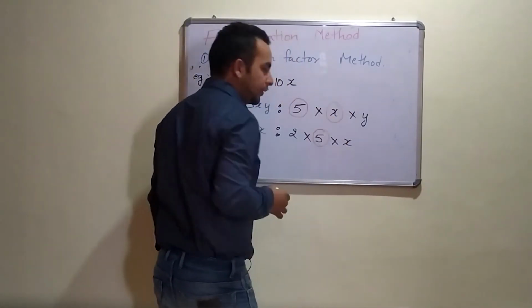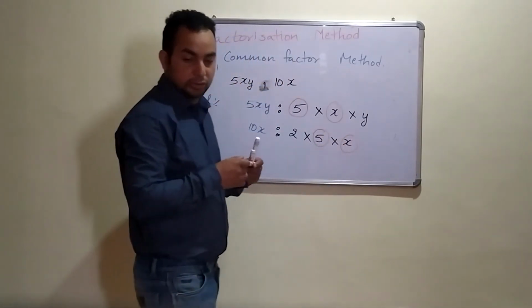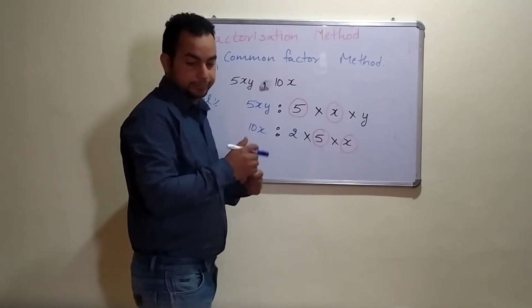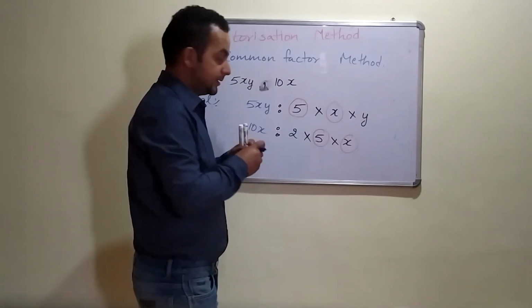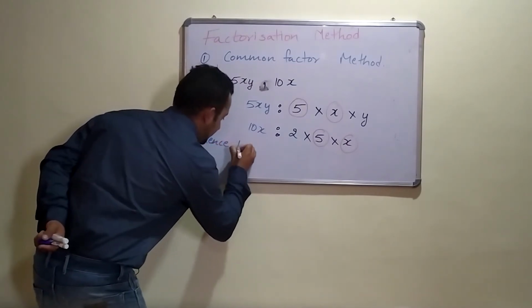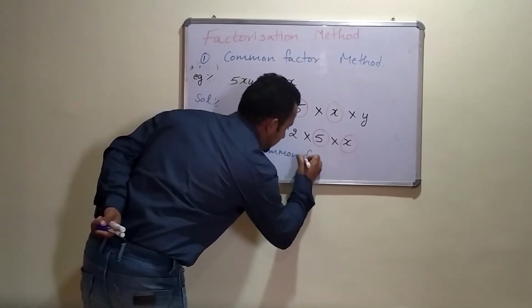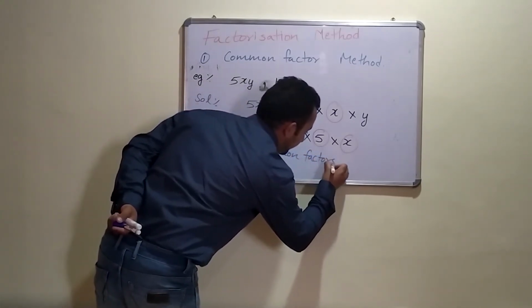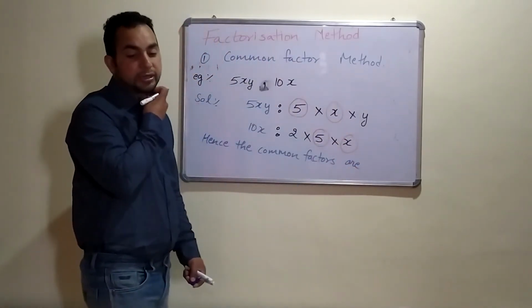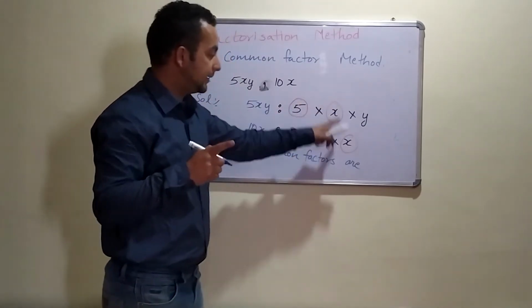And variable x and variable x are common. Hence the common factors are 5 and x.